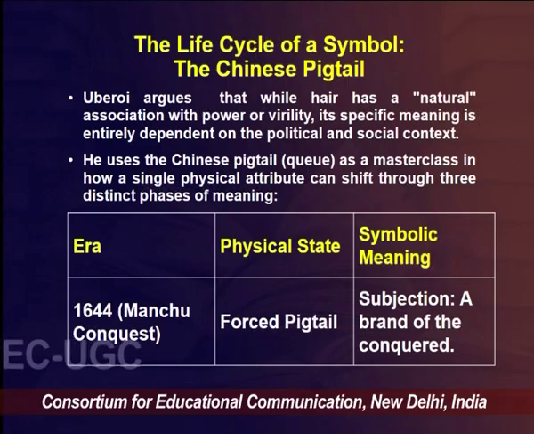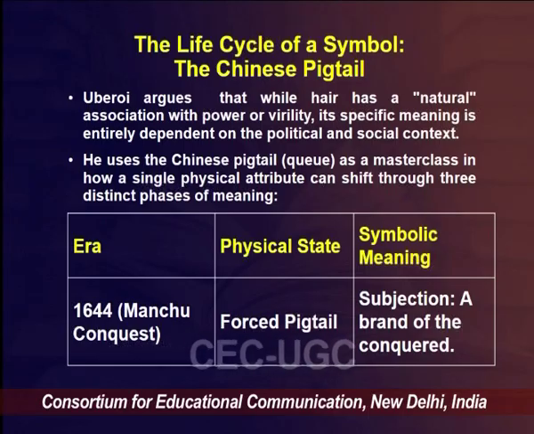He uses the Chinese pigtail or queue as a masterclass in how a single physical attribute can shift through three distinct phases of meaning. And here we will map out the change in the way in which hair has been conceptualized in different eras or periods.